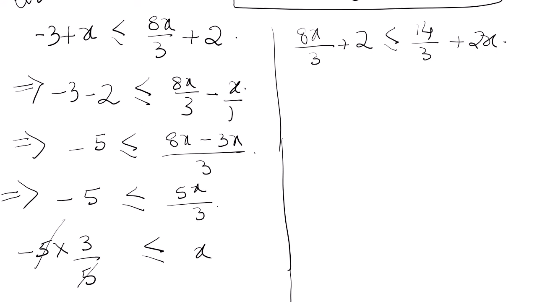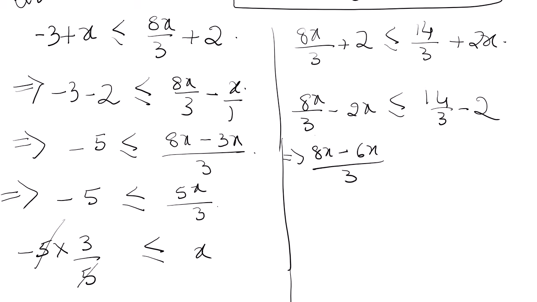Okay. Now coming to this part, you have 8x upon 3 minus 2x, bring the 2x here, is less than or equal to 14 upon 3 plus 2, which when it goes that side becomes minus 2. So this becomes 8x minus 6x upon 3 is less than or equal to 14 minus 6 upon 3. This is cross multiplying.